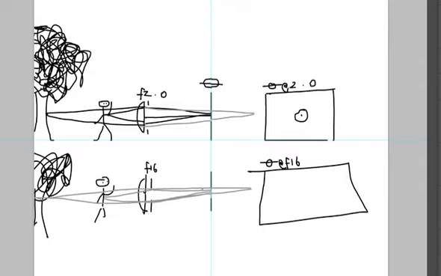Our main point of focus here remains a single pinprick of light, but the circle of confusion, the disk of light, is smaller than it would be on the image at a wider aperture. And because it's smaller, that is going to be seen as a slightly sharper image. I hope that makes somewhat sense.